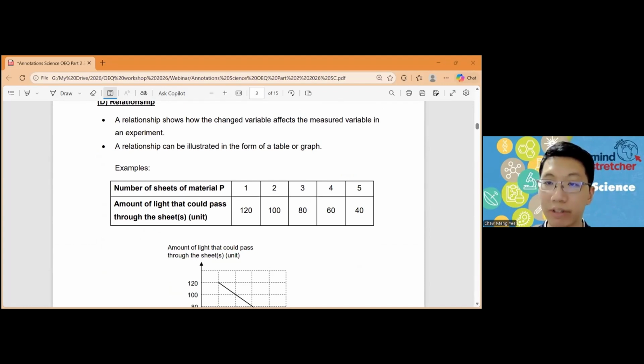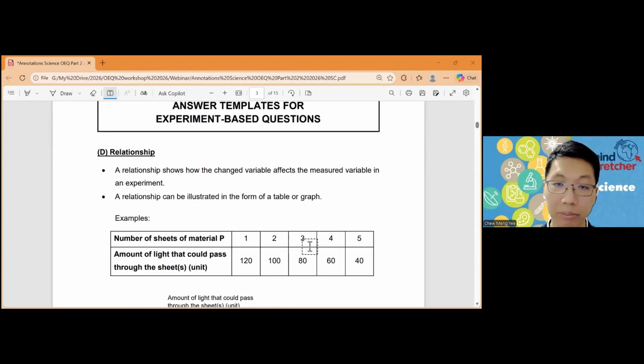What's the independent variable? Independent variable is a change variable. But in PSLE, most of the time we use change variable. This is also the same as independent variable.